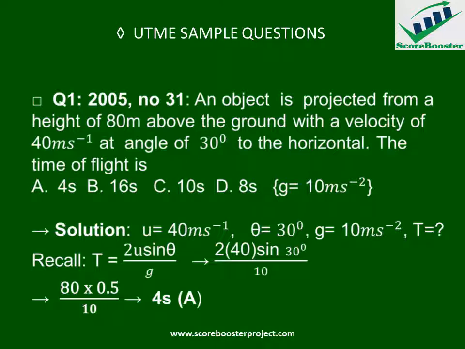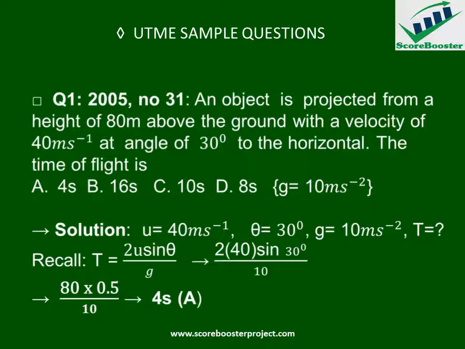From the question, you are given the velocity u, which is 40 meters per second, the angle theta to be 30 degrees, and acceleration due to gravity g to be 10 meters per second square. Then they ask us to find capital T, which is the time of flight.